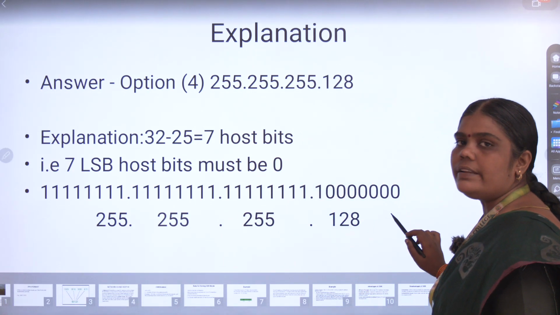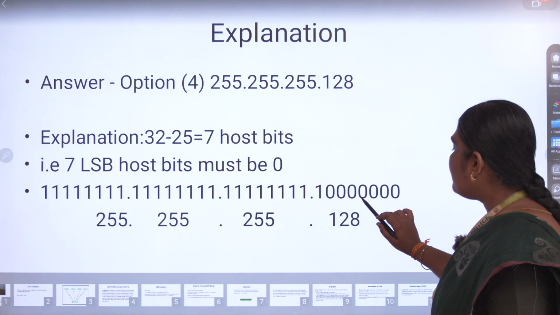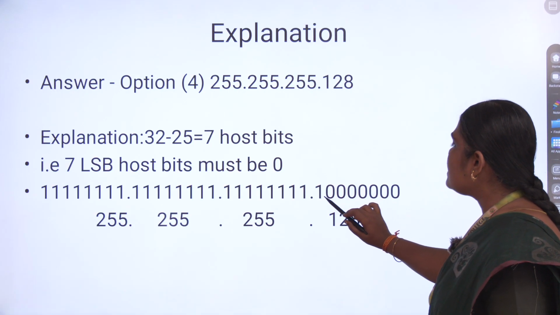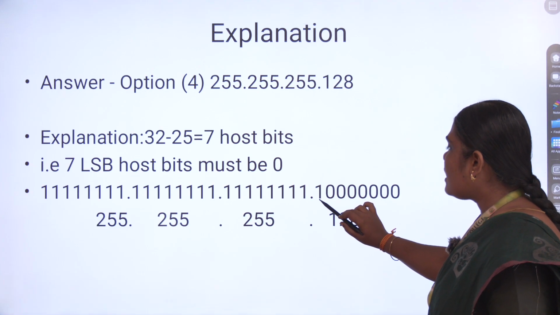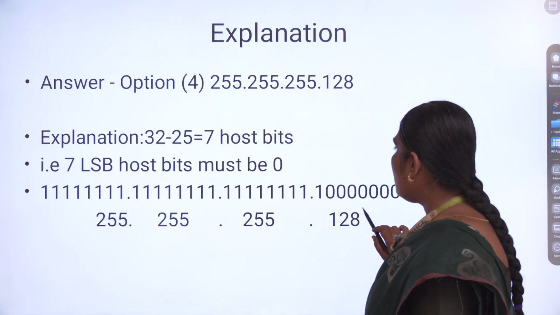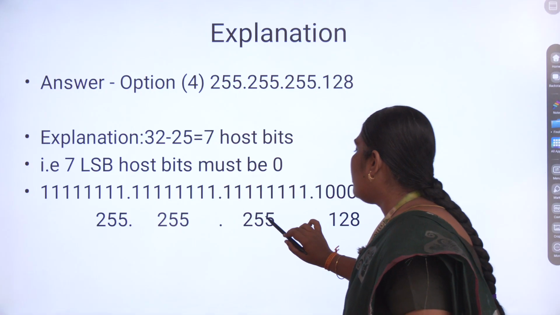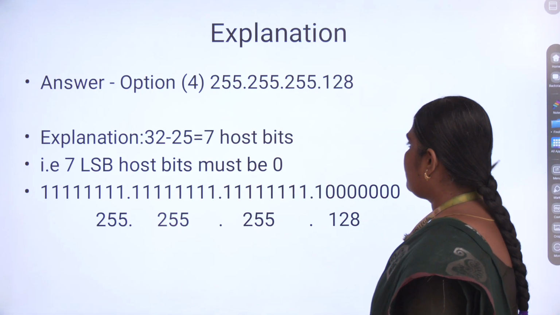Here we have to start counting from 2 power 0, 2 power 1, 2 power 2, 2 power 3, 2 power 4, 2 power 5, 2 power 6, 2 power 7. If 2 power 7 alone is set, then it is 128. So the subnet mask will be 255.255.255.128.